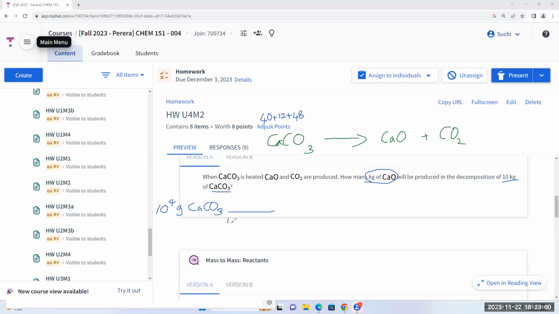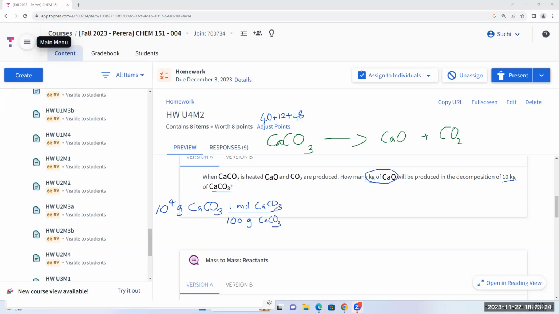So 100 grams of calcium carbonate is the mass of 1 mole of calcium carbonate. This is what I wrote.